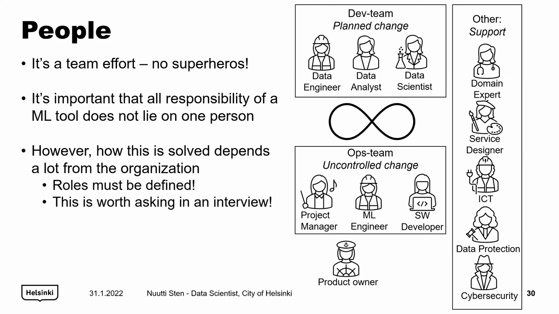Otherwise, it's too fragile, and it will break basically immediately. It just cannot be done by a single person alone. And this is something good to remember if you want to ask good questions in a data science interview. You can ask them about how they organize their roles around data and machine learning.